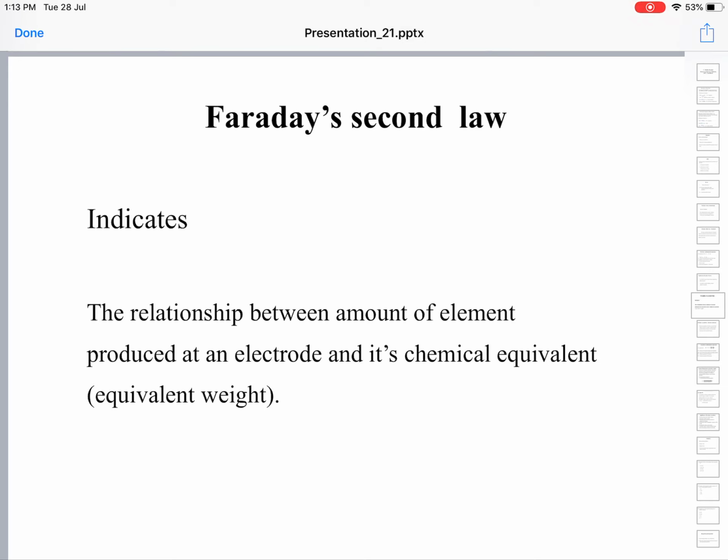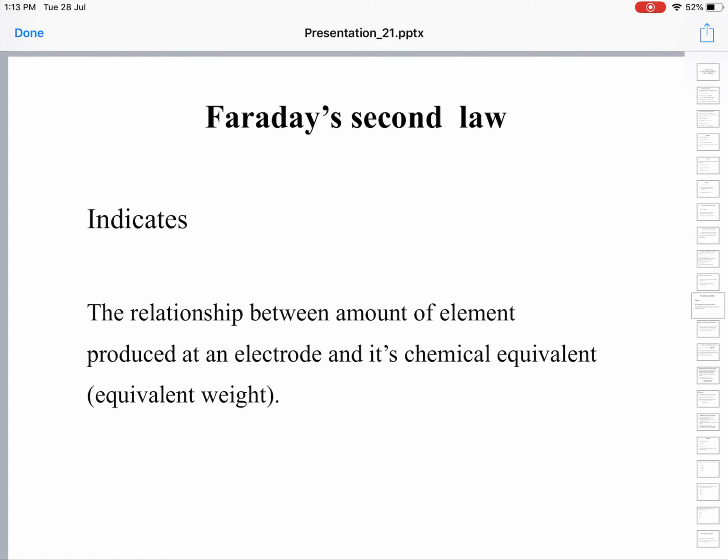It states that the quantity of electricity is directly proportional to the amount of substance deposited or liberated at the electrodes. If more electricity is passed, more substance will be deposited or liberated. If less electricity is passed, a lesser amount of substance is deposited or liberated.